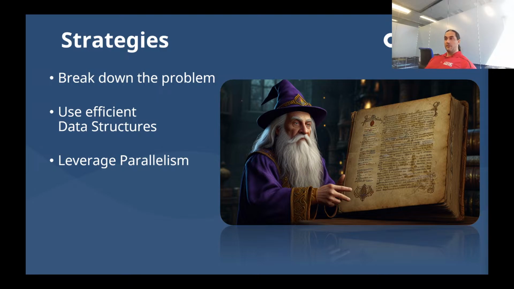Sometimes we can use dictionaries or sets for efficient lookups. Dictionary lookups are a lot faster than looping over a collection of items and finding something. And if possible, we could leverage parallelism. We can use parallel iterations to handle independent iterations simultaneously, if we, for instance, have multi-core processors that we can use.